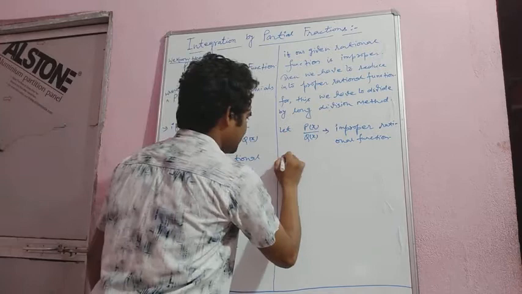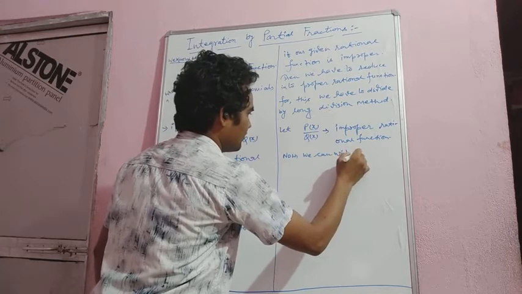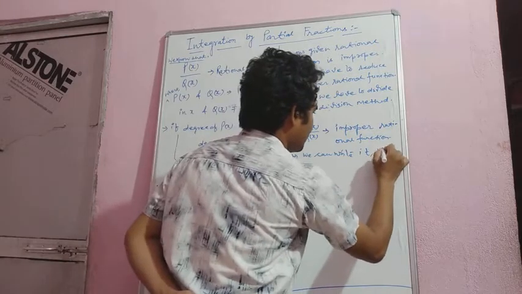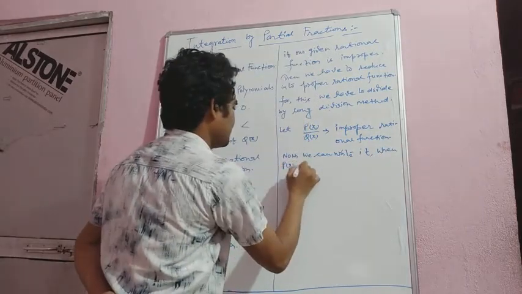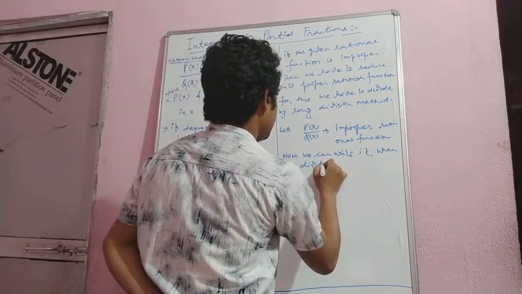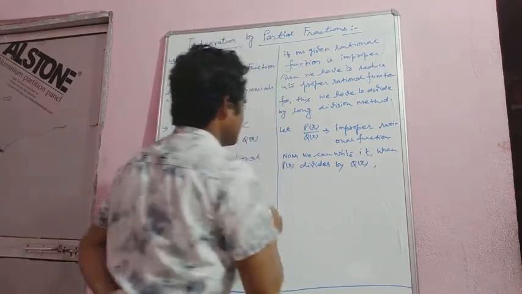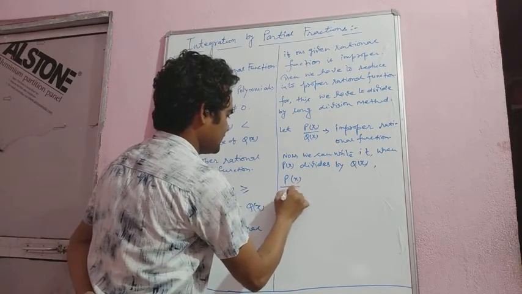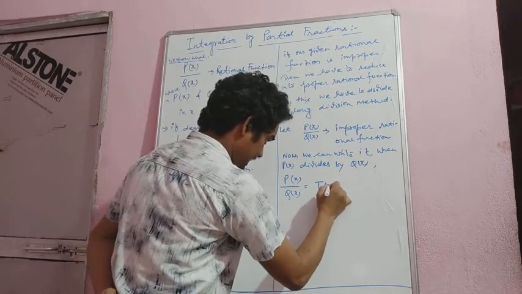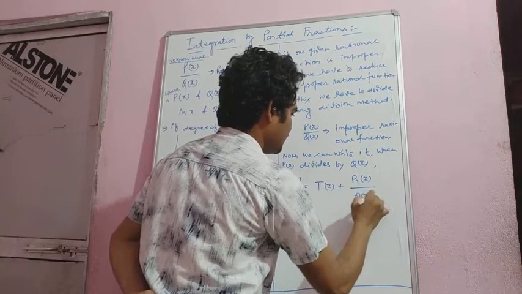Then we can write p(x) divided by q(x) is equal to T(x) plus P1(x) upon q(x).